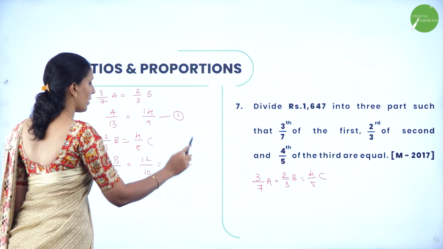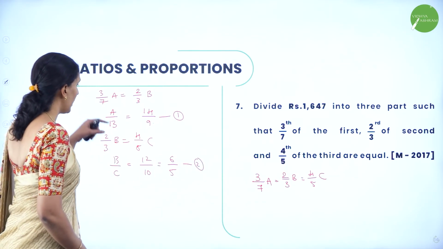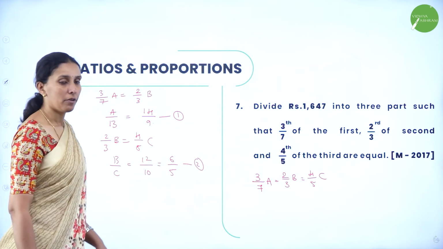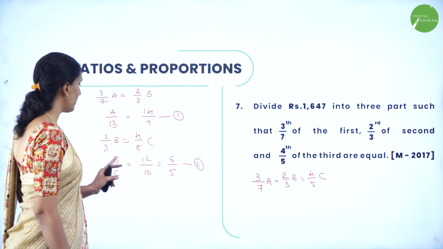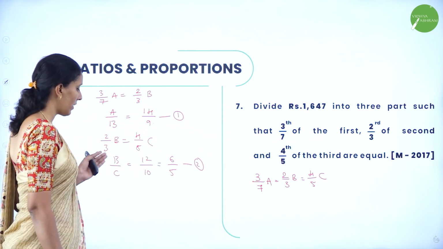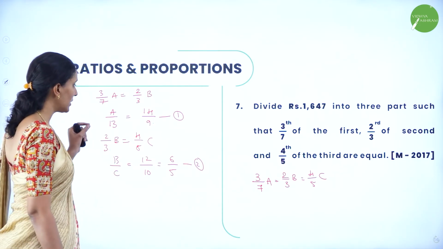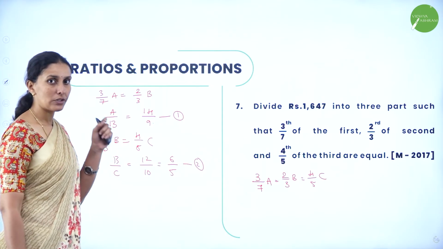Let me take these two as 1 and 2. You can observe that in A/B, B is 9, and in B/C, B is 6. So let's make the quantity of B the same to write the ratio in the form A is to B is to C.